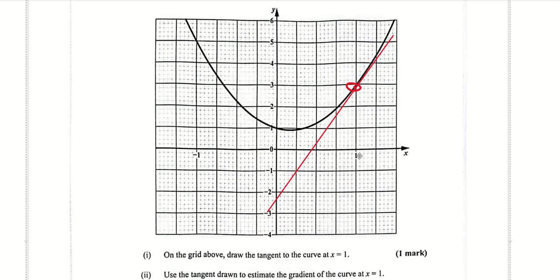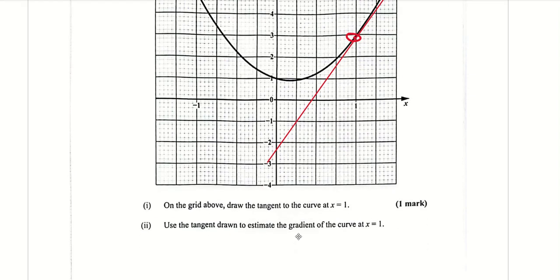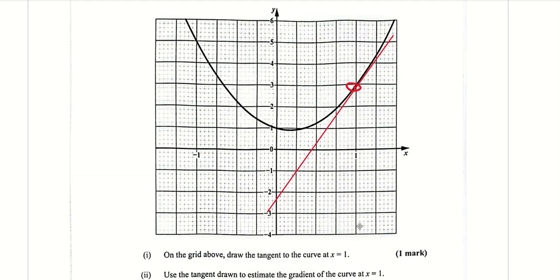You want to just touch the curve where x is equal to 1. They said use the tangent drawn to estimate the gradient of the curve where x is equal to 1. So I would use this point right here, where x is 1, y is 3, about that.